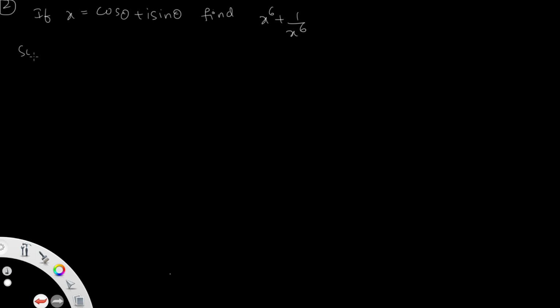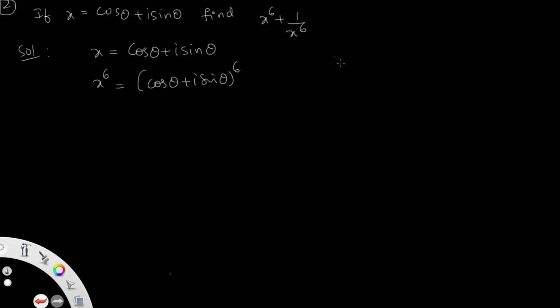That is the solution. Given x equal to cos theta plus i sin theta, just find out x power 6. That is x power 6, nothing but cos theta plus i sin theta whole to the power of 6.